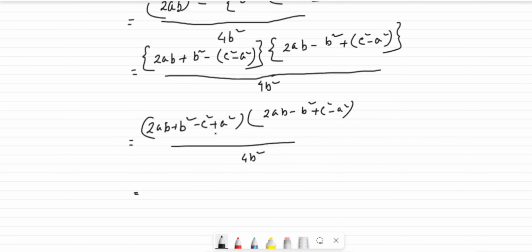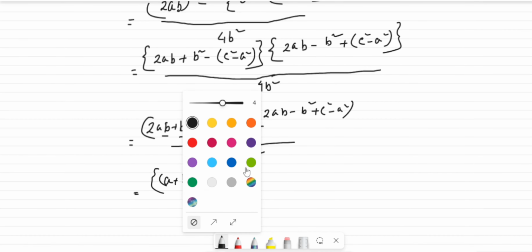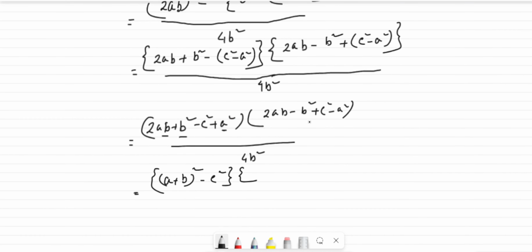Now see, these three terms 2ab plus b square plus a square, what does it mean? A plus b whole square, right? So we can write a plus b whole square minus c square, and here, in these three terms, c square, if we take minus common, then a square minus 2ab plus b square, right?